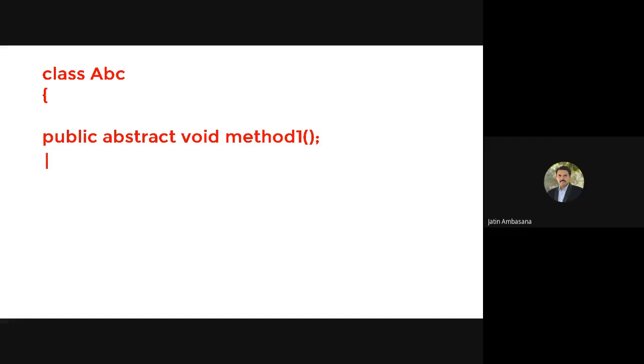It cannot even have empty curly braces. This is also not allowed. You directly just declare it. Put the semicolon after the method signature, that's it. So that becomes an abstract method, which means it does not have a body.